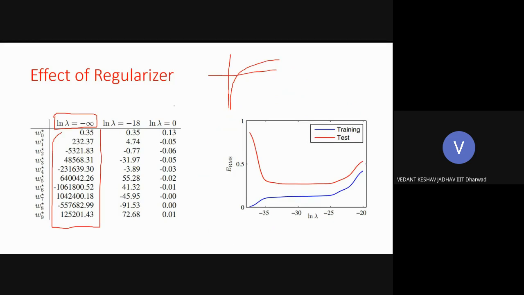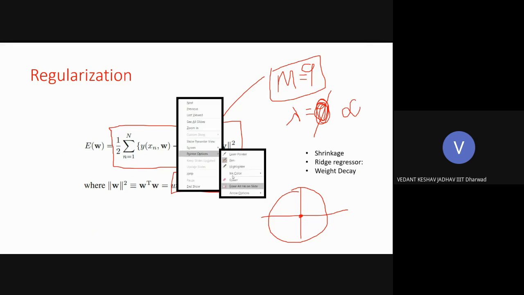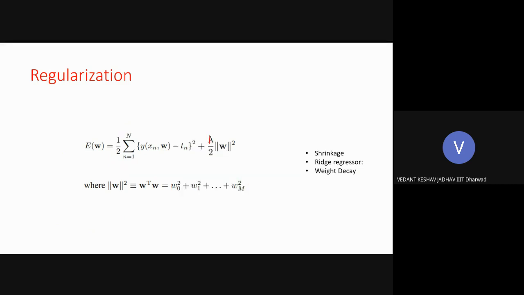Now, if you say log of lambda equals 0, it means you are putting lambda equals 1, so you are talking about this point. When lambda equals 1, the error function will effectively have this lambda as 1, so it is half of W squared.